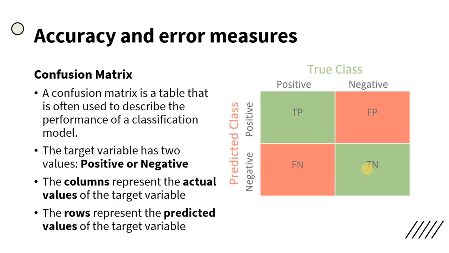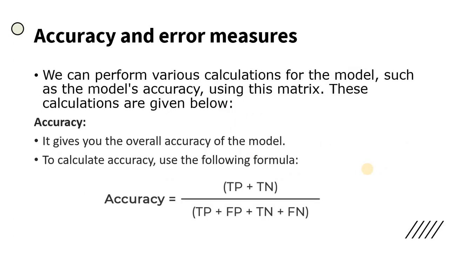Now based on this confusion matrix we can measure the different accuracy measures. So the first one is accuracy. It gives you the overall accuracy of the model. When we are talking about any classification algorithm, at that time we mostly use accuracy as a measure of how effective our model is.